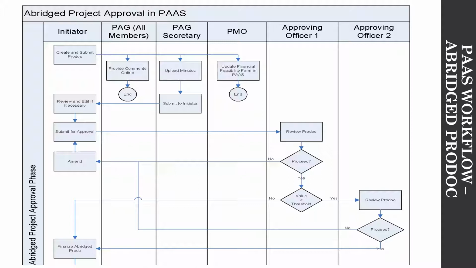So depending on the decision of the approving officer, if the approving officer gives a go decision, this means that the project manager receives back again the project document to now finalize it.